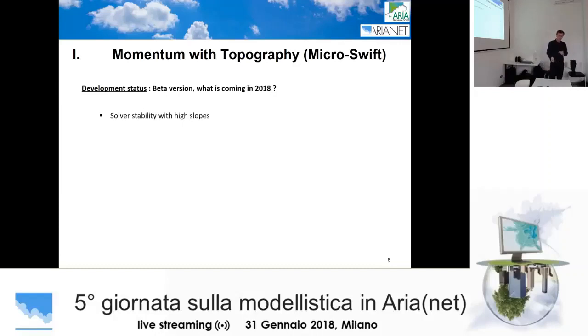So Momentum SWIFT is still in beta version because the stability of the solver needs to be improved to take into account high slopes, meaning, for example, in domains like the Pyrenees, les Alpes, where you have very high slopes, sometimes the solver fails and we have to improve its stability.